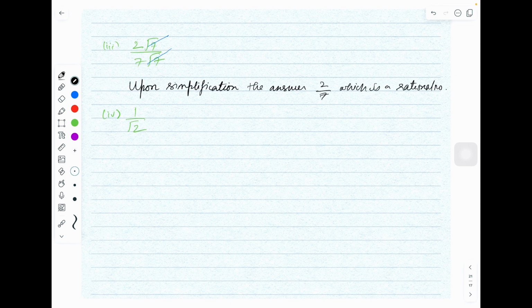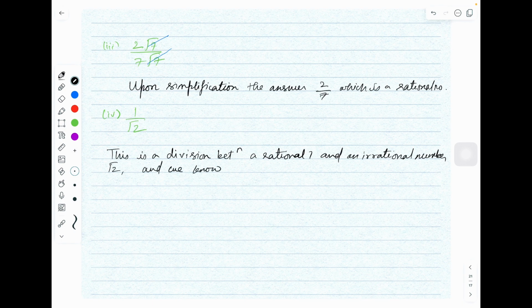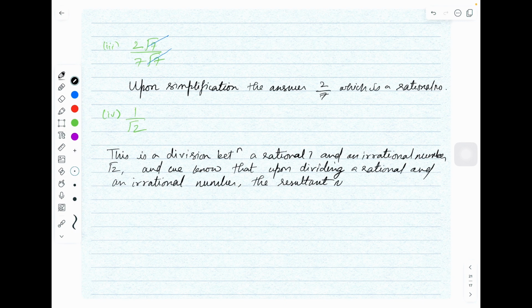Rationalization also you can do, or you see, we know this is a division between a rational number 1 and irrational number root 2, and we know that upon dividing a rational and an irrational number, the resultant number is irrational.